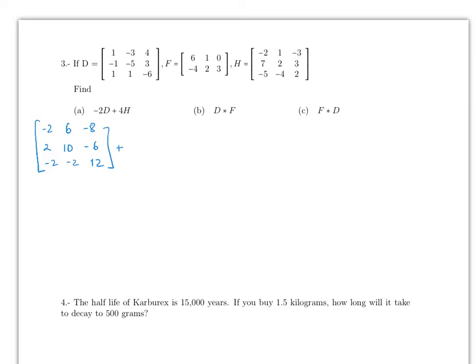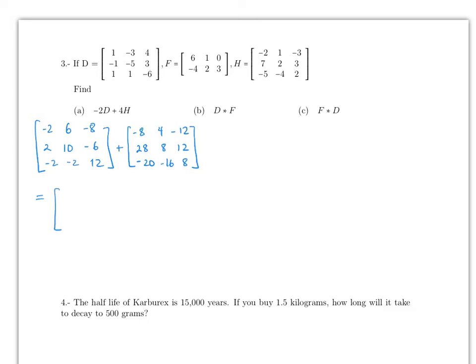And then h, you multiply everything by 4. So it will give you minus a, 4, minus 12. This is 20a, a, 12, minus 20, minus 16, and 8. And then just add it up.